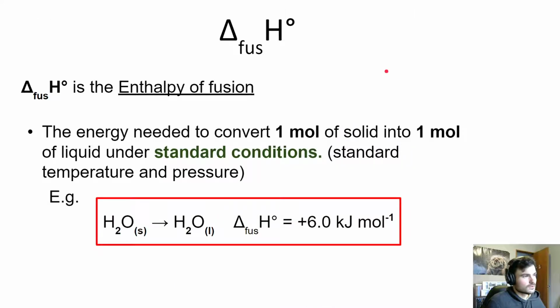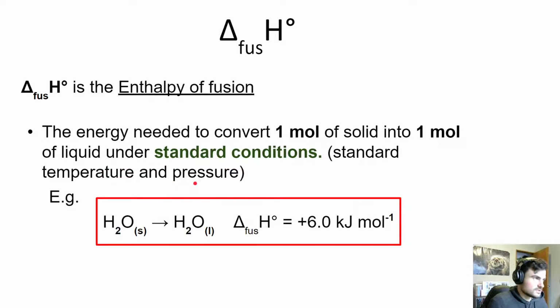So, the first thing we have to look at is ΔH fusion. This is called the enthalpy of fusion. This is the energy needed to convert 1 mole of solid into 1 mole of liquid under standard conditions. Standard conditions just means standard temperature and pressure.